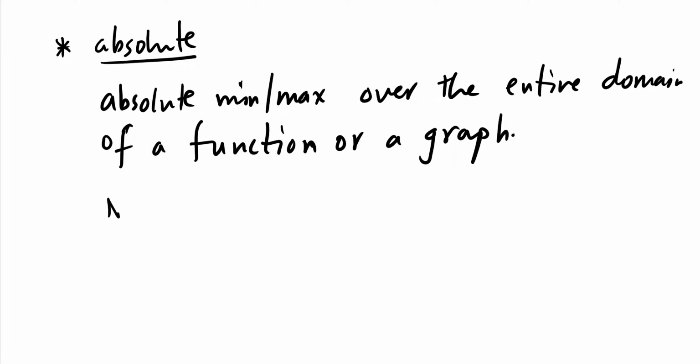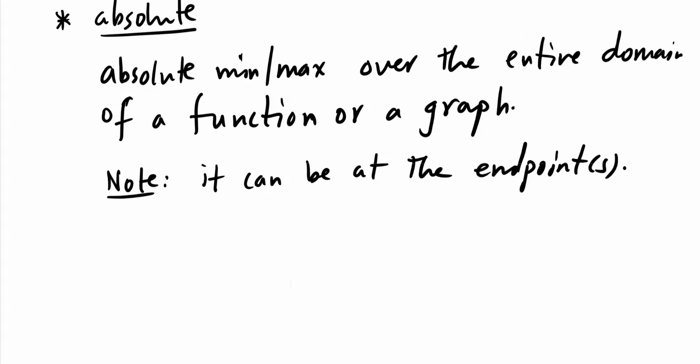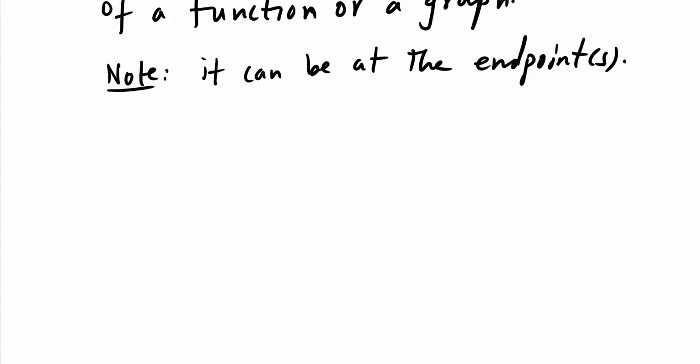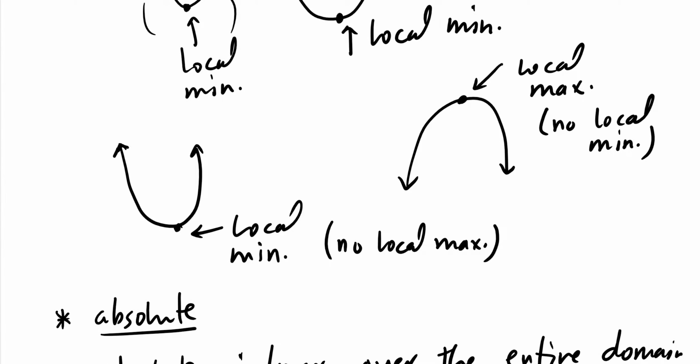Note, it can be at the endpoint or points. And I'll show you on the graph what that means. Let's say I'm going to look at something like this. The graph starts, see, I didn't put arrows on both sides. In the earlier graphs I put arrows. That means the graph goes forever.